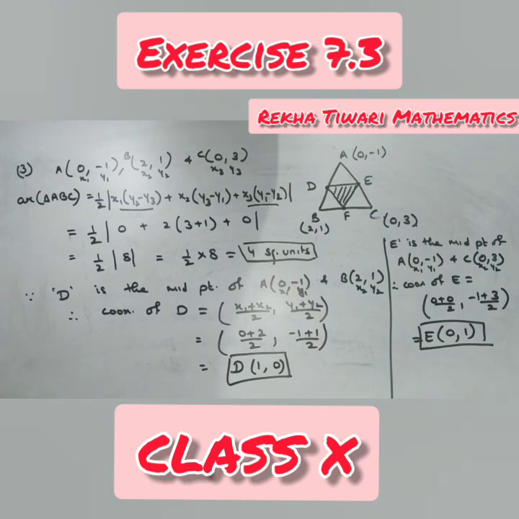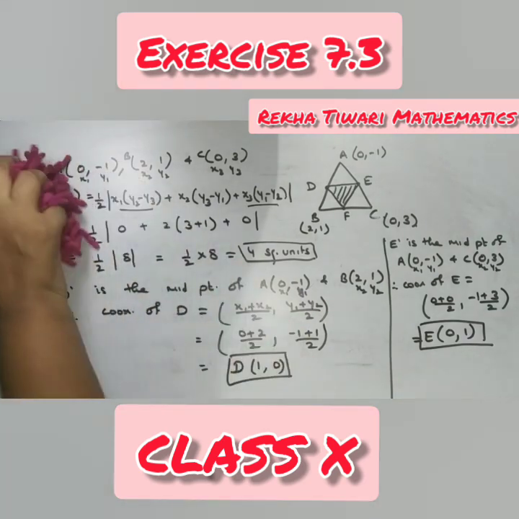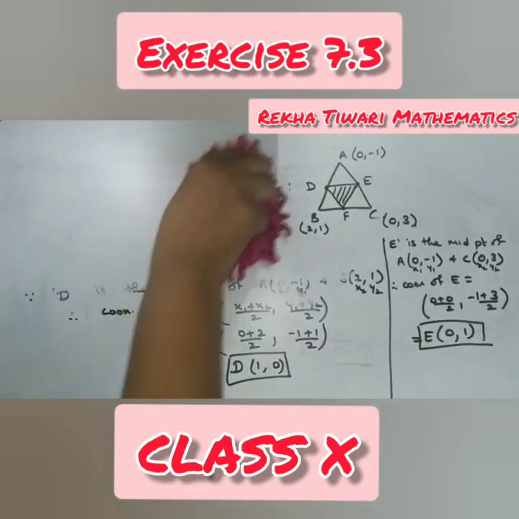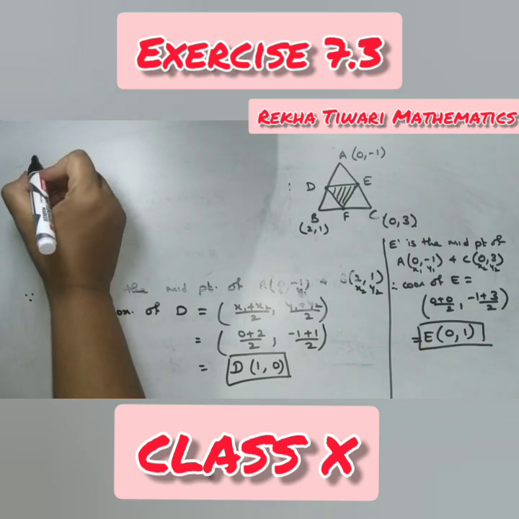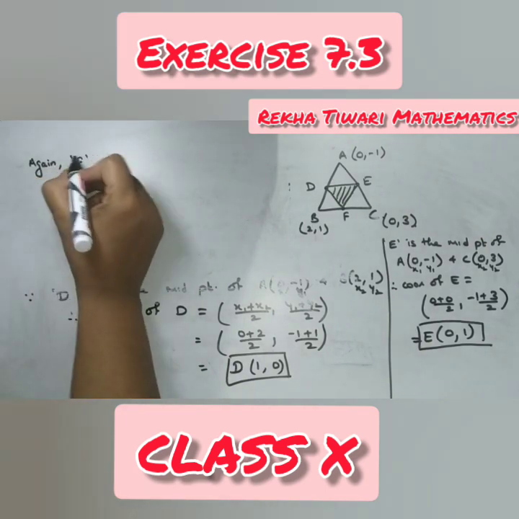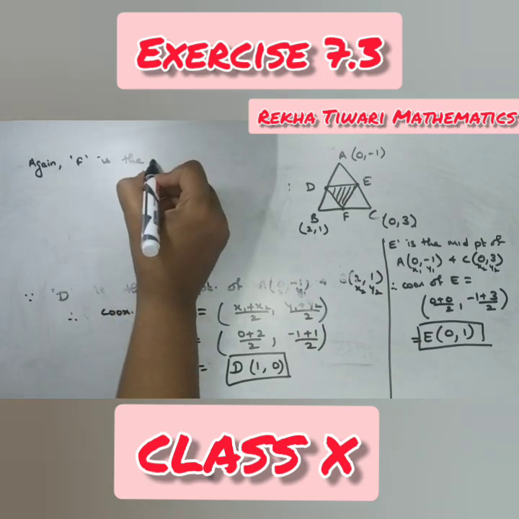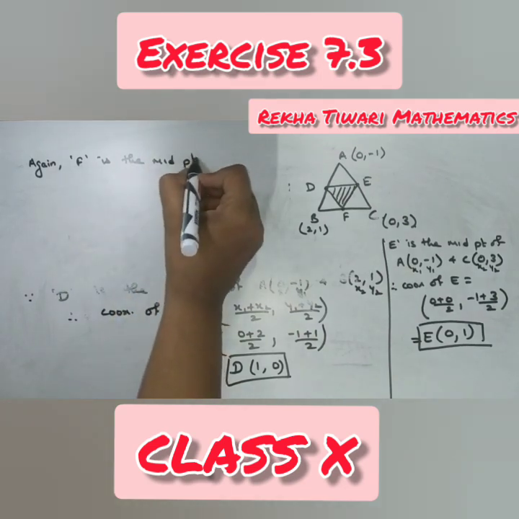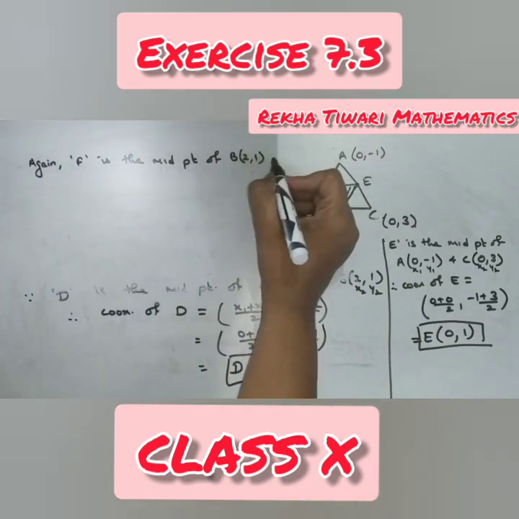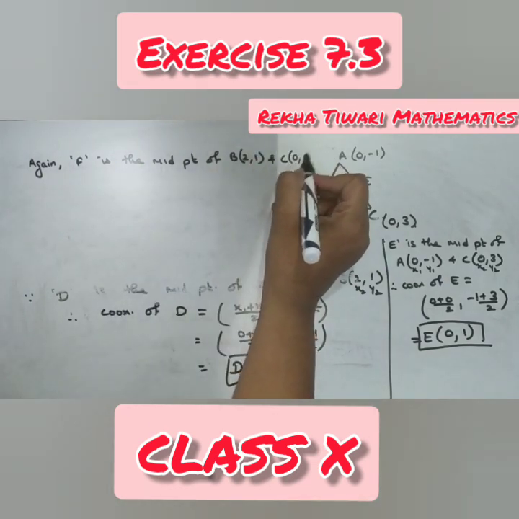And when you calculate F, F is the midpoint of BC. Again, F is the midpoint of B(2,1) and C(0,3).